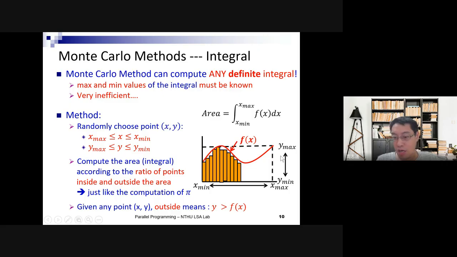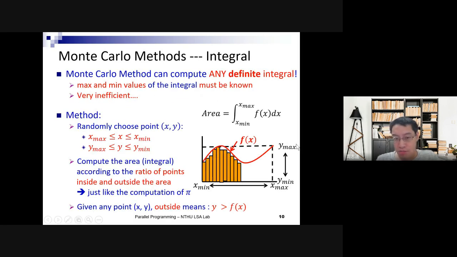So if this area is larger, you need more sampling points in order to get more precise results. So the efficiency will depend on your equation, and sometimes it may not be very efficient to compute the result using this method.